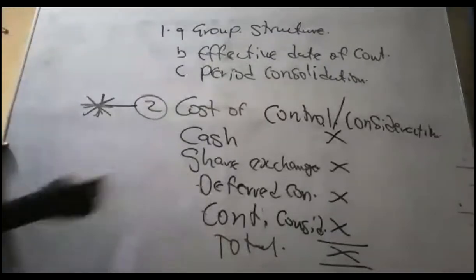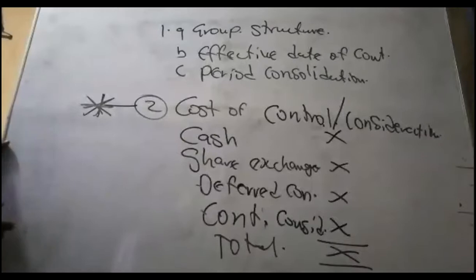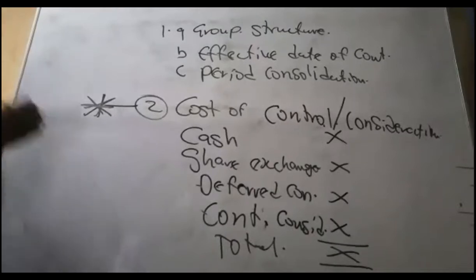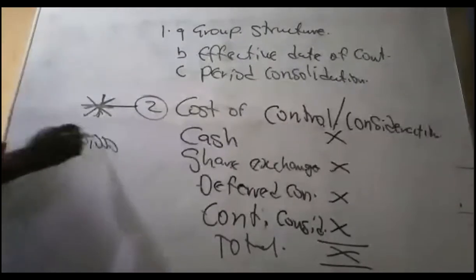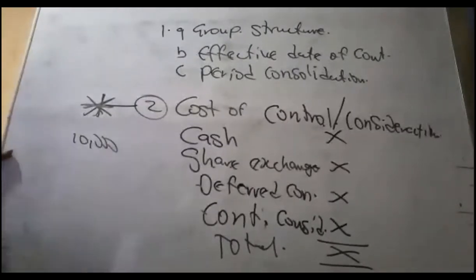Good. Now, contingent consideration is a consideration that depends on a condition. Okay, I'll pay you 10,000 again in 3 years' time if and only if your profit after tax is greater than mine.